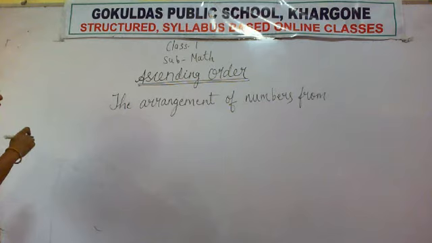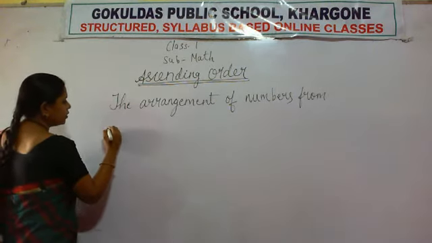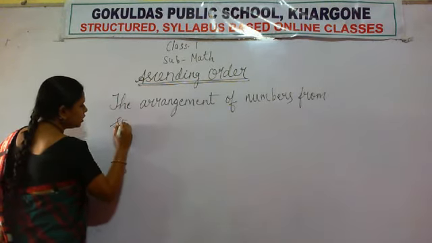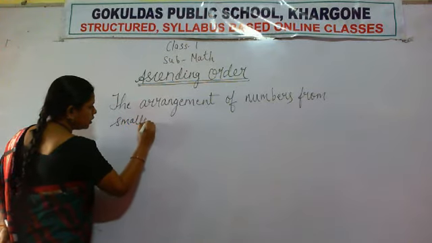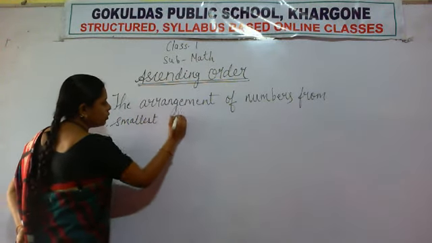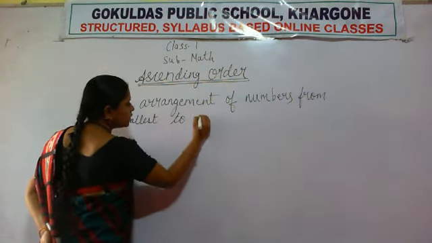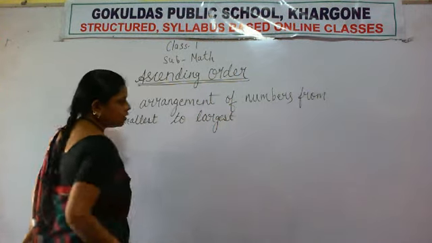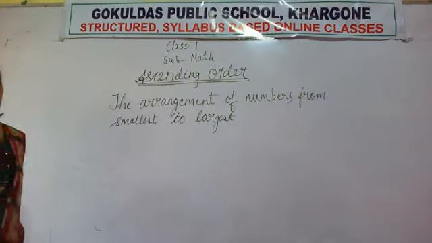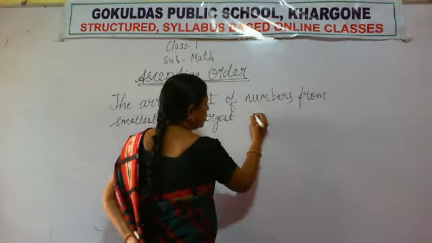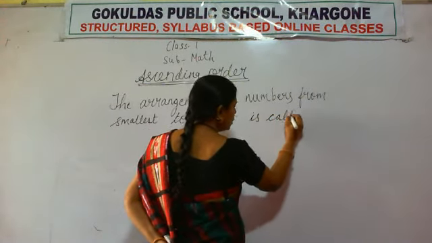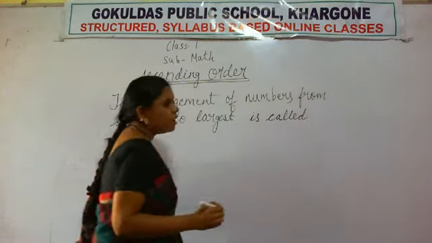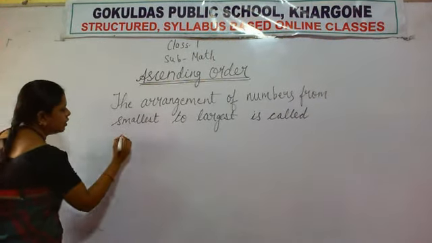From smallest to largest is called ascending order.